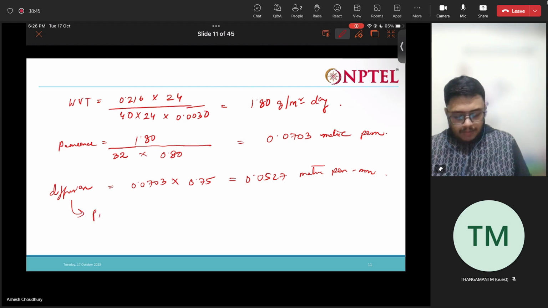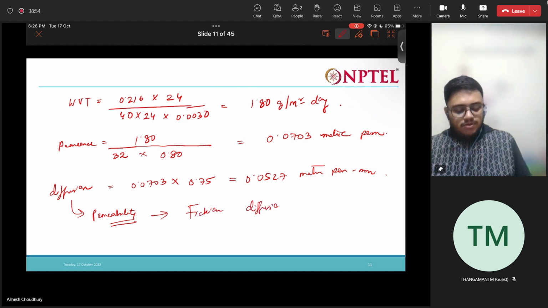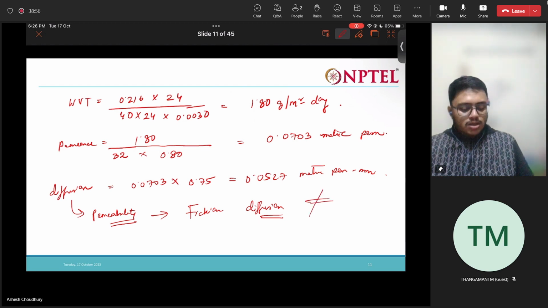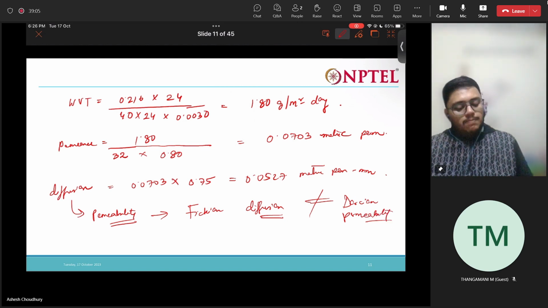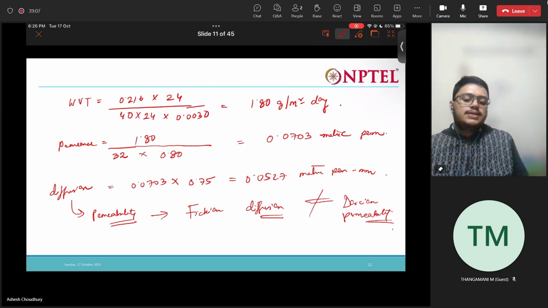This is also called permeability, but this permeability is from Fickian diffusion, not equal to the normal Darcian permeability K that we generally find out. But we can find it from that only.